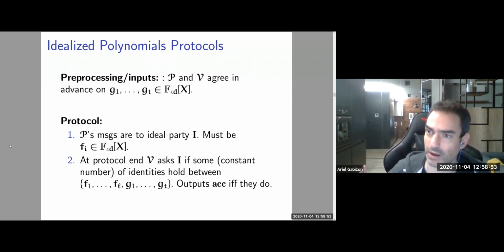The prover sends more polynomials. And then what happens at the end? At the end, the verifier chooses some constant number of polynomial identities, and we'll see an example pretty soon, and asks the ideal party: do these identities hold between the pre-processed polynomials and the polynomials the prover sent? And the verifier accepts if and only if the identities hold.